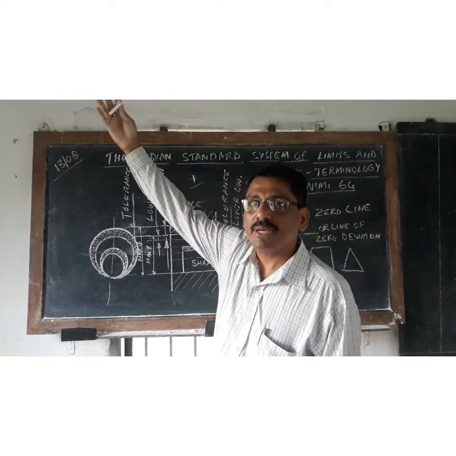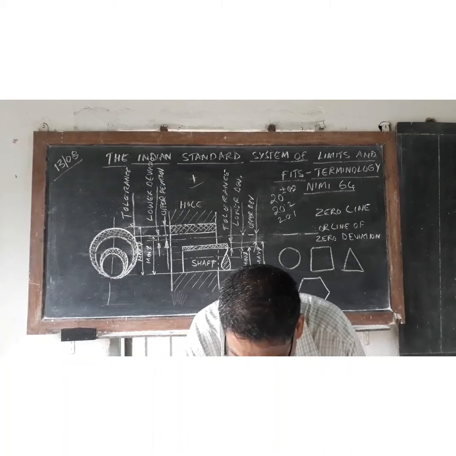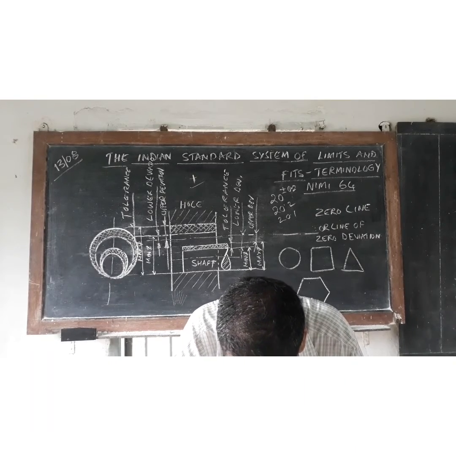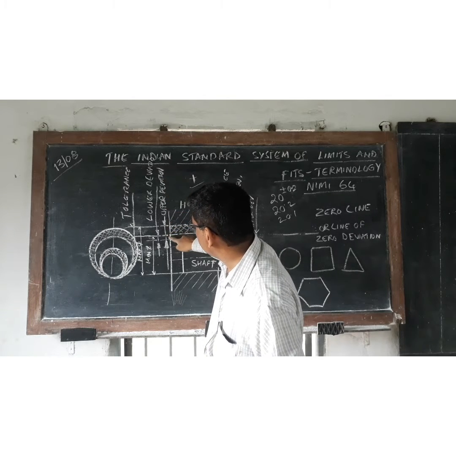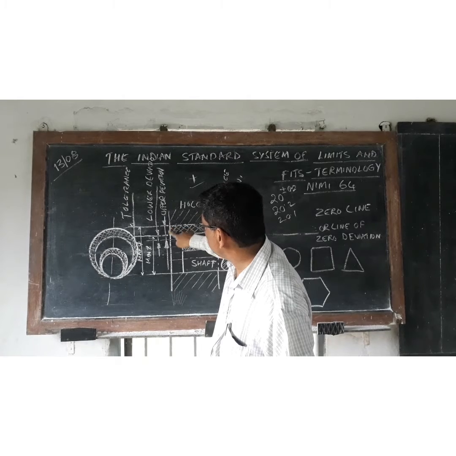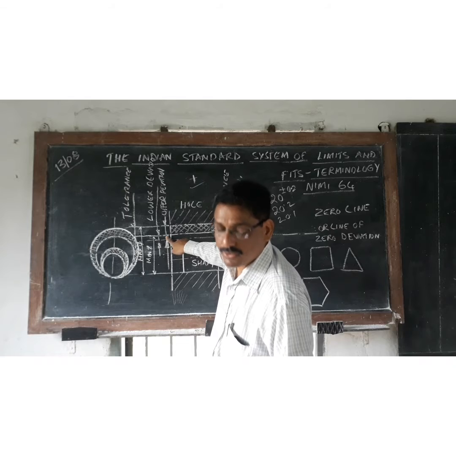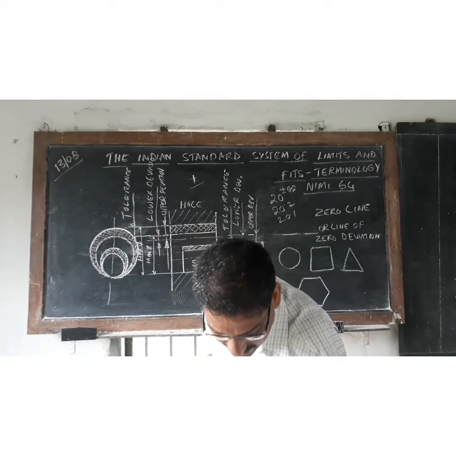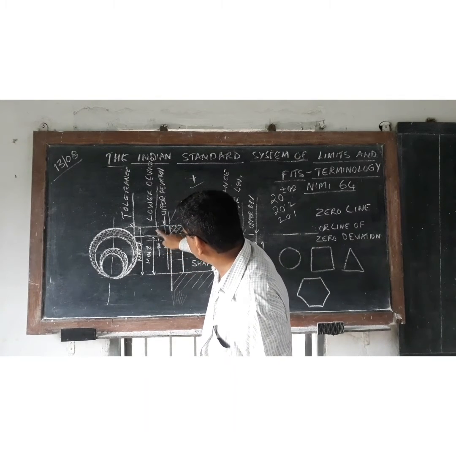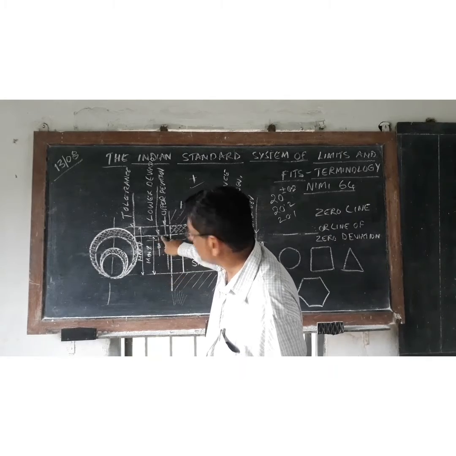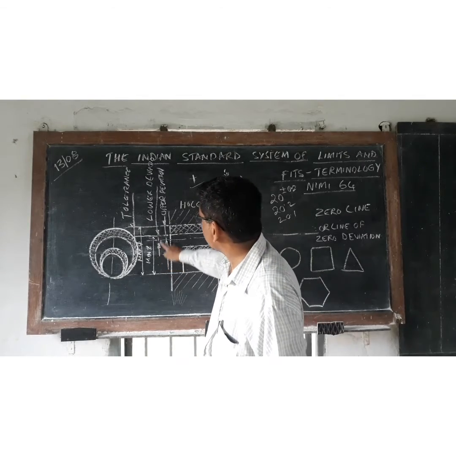Now upper deviation is the algebraic difference between the maximum limit of size and the corresponding basic size. Lower deviation is the algebraic difference between the minimum limit of size and the corresponding basic size.